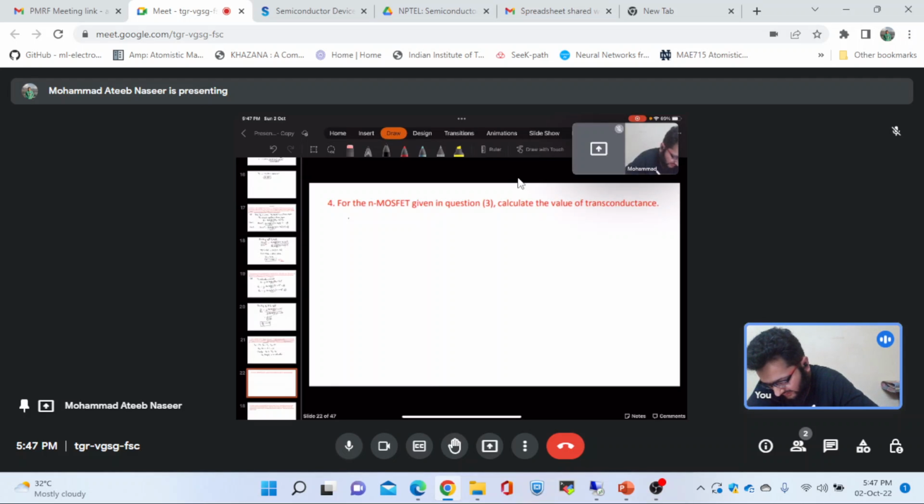The current in saturation for an n-type MOSFET is simply ID is equal to 1 by 2 mu n Cox W by L (VGS minus VTH) whole square.